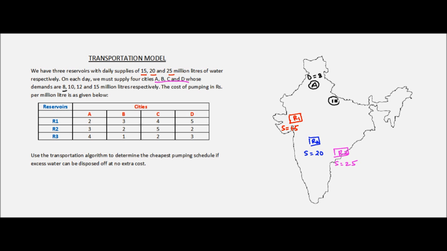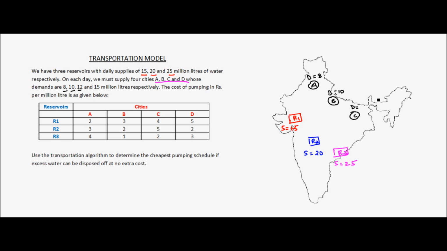B is here, having a demand of 10 million liters per day. C is here, having a demand of 12 million liters per day. And D is here, having a demand of 15 million liters per day.